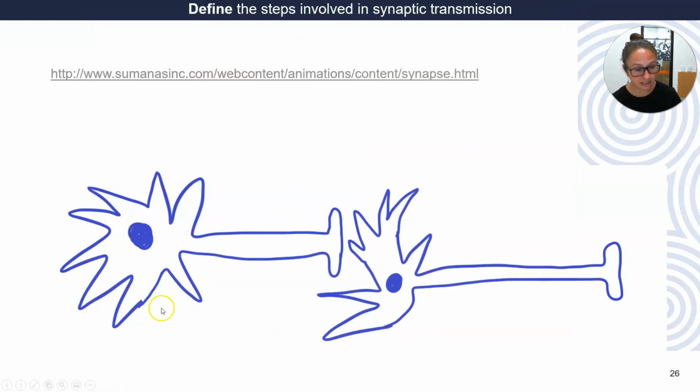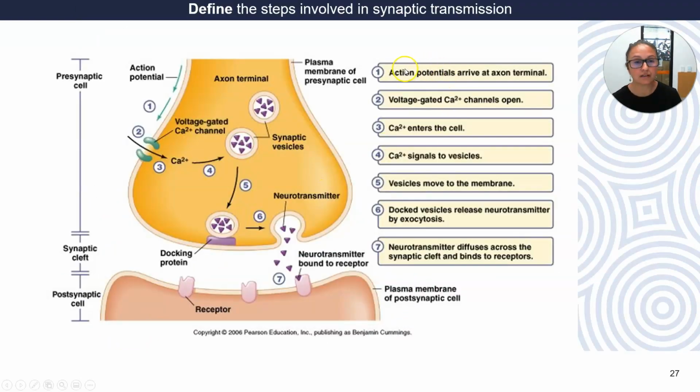So let's have a look here. Number 1, the action potential comes down. The calcium channels open, calcium comes in, pushes these little vesicles out, and the vesicles containing neurotransmitter fuse with the membrane and neurotransmitter is released. Then there's a protein involved.